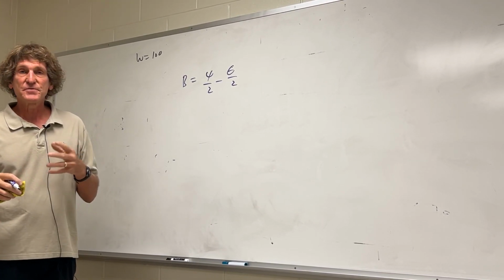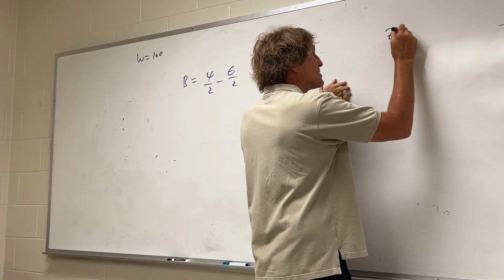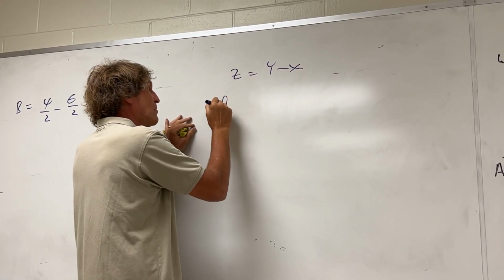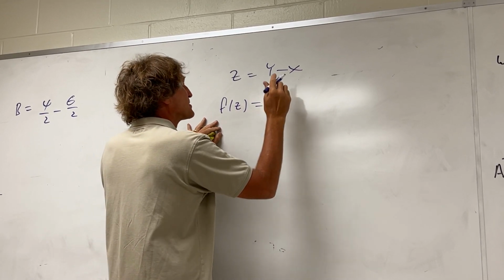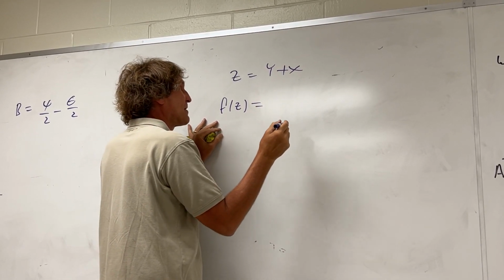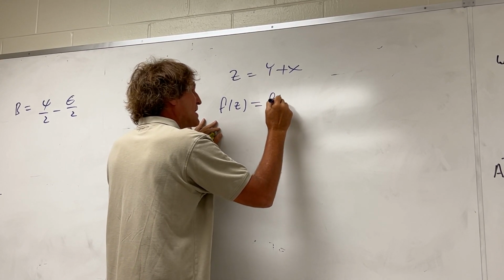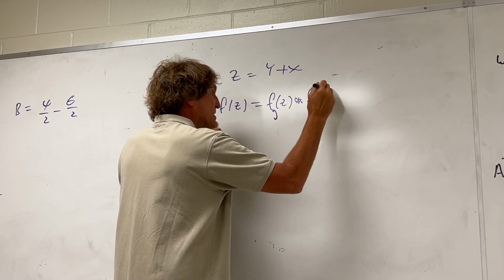He has these two values. Do you remember when you had z was equal to y minus x? If you wanted f of z, you could say y plus x. If you wanted f of z, it would be f, and I'll call this y of z, convolved with fx of z. Do you all remember that?